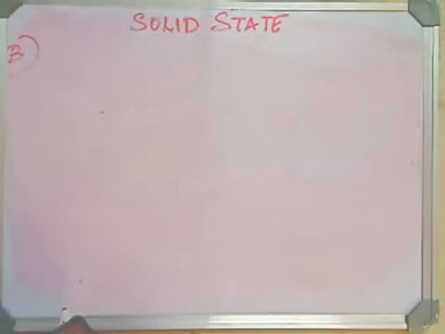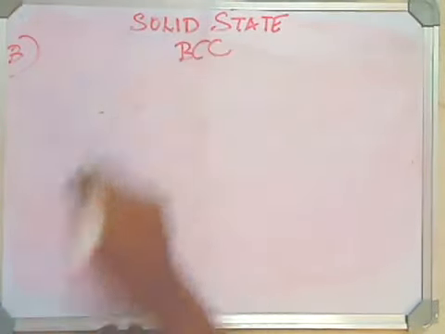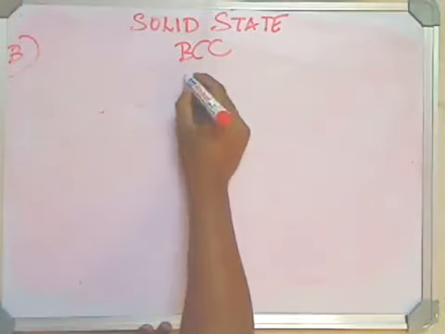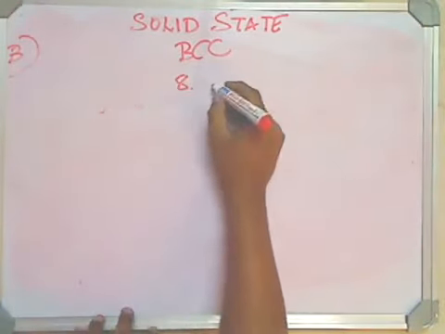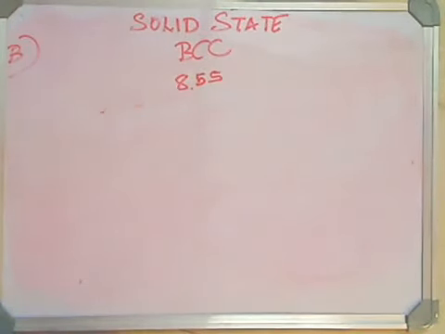Niobium crystallizes in a BCC lattice. So the crystal structure here is BCC. If the density is 8.55 grams per centimeter cube, calculate the atomic radius of niobium using its atomic mass of 93.